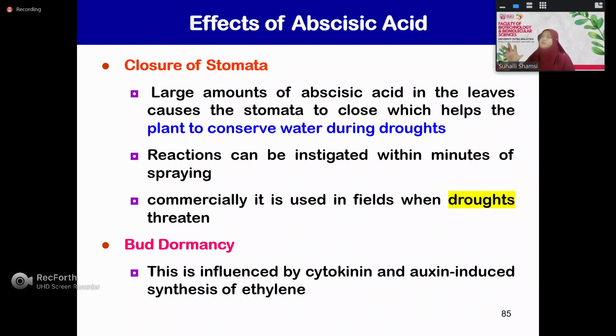When plants are exposed to drought or extreme conditions of high sunlight and high temperature, it would induce the closure of stomata, right? When the stomata are closed, it prevents the loss of moisture. So plants will keep the moisture when the stomata are closed.